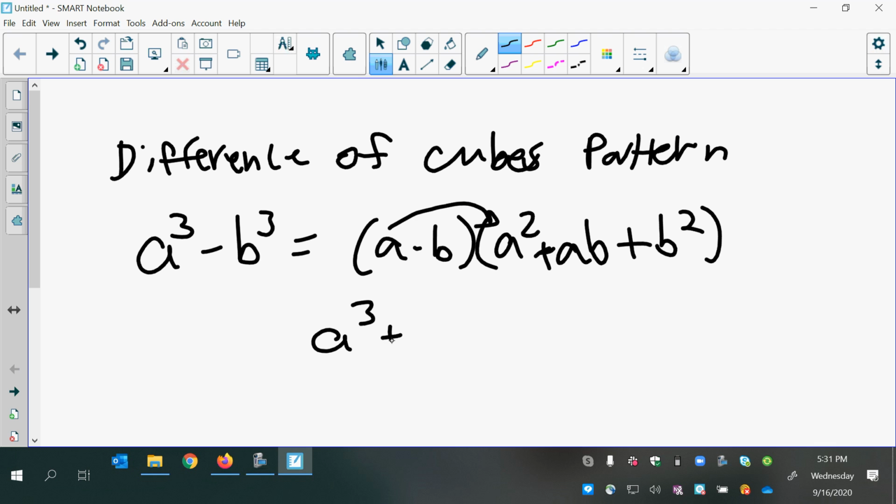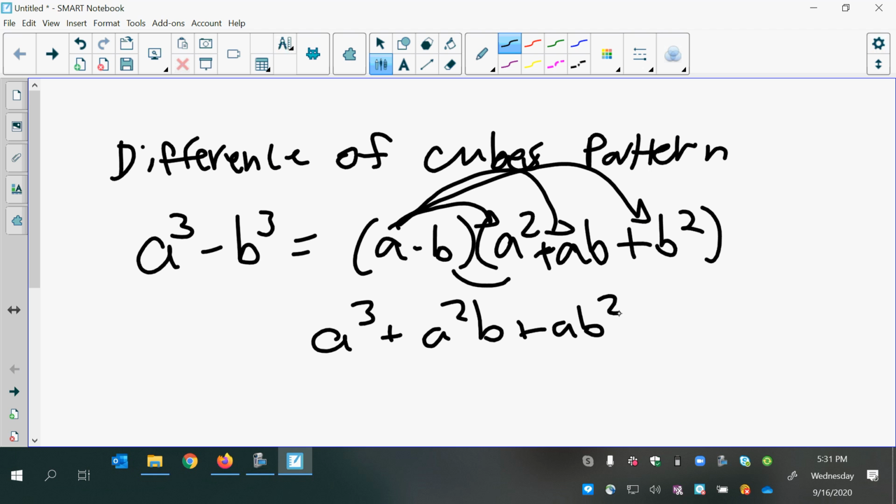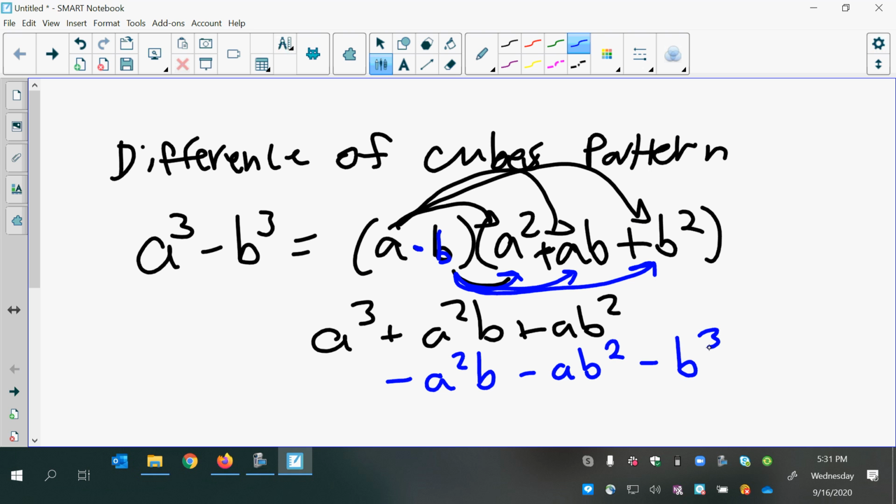So you get a cubed plus a squared b, then plus ab squared, and then taking this negative b here, we'll get negative a squared b, negative ab squared, and then finally negative b cubed.